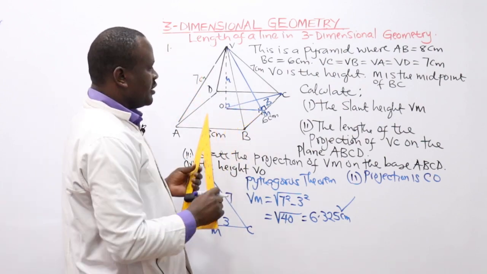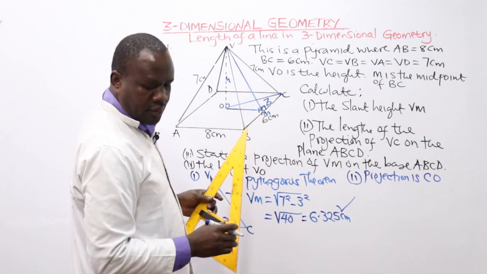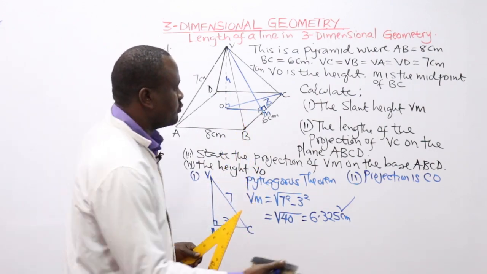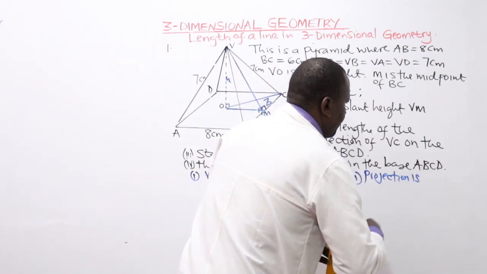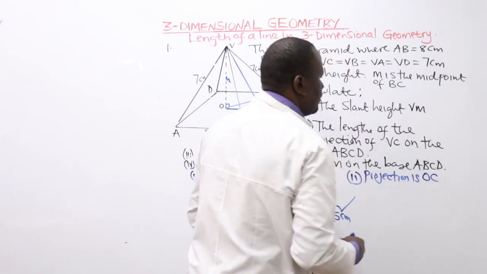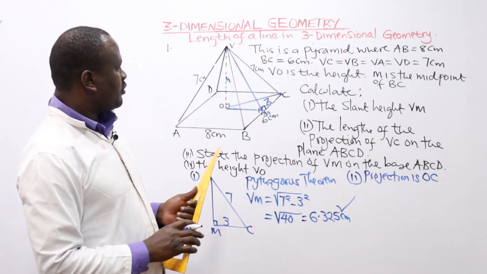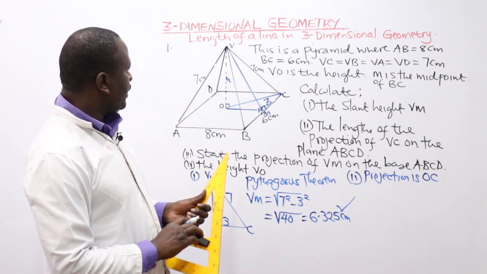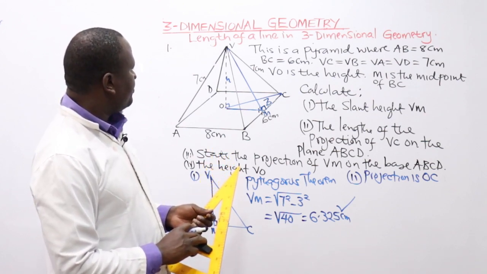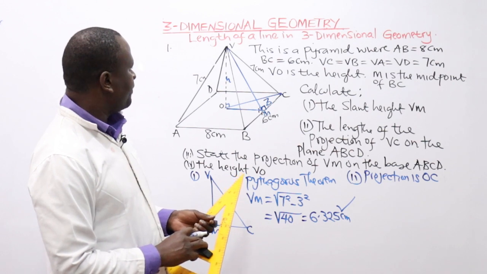So the projection is OC or CO. So what is the length of OC? Again, we have to use Pythagoras theorem.